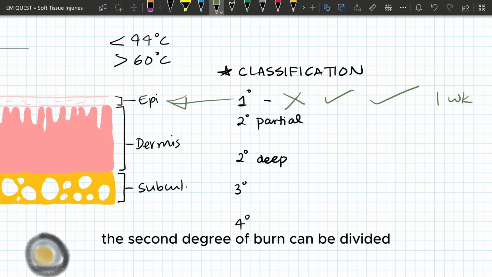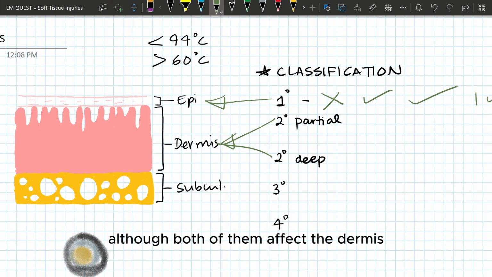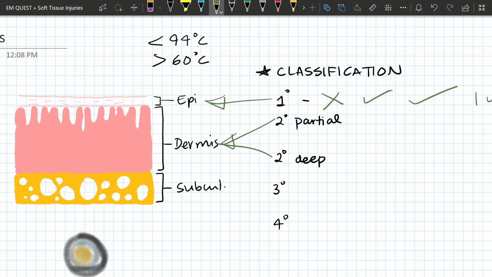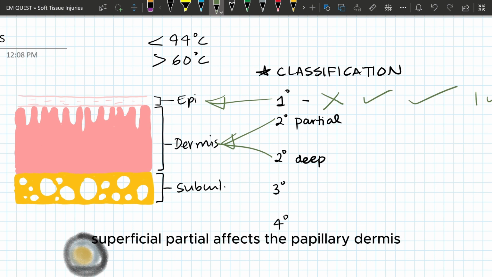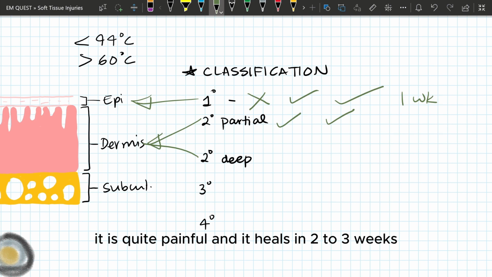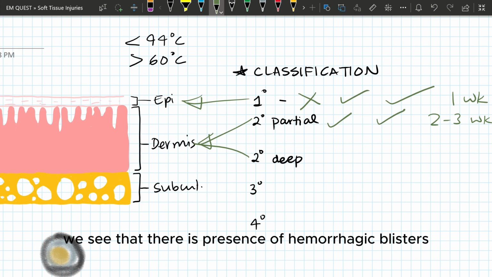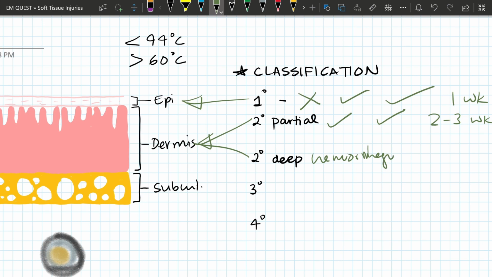The second degree burn can be divided into superficial partial and deep partial. Although both of them affect the dermis, superficial partial affects the papillary dermis. There is presence of blisters, it is quite painful and it heals in 2 to 3 weeks. In second degree deep partial burns, we see hemorrhagic blisters.